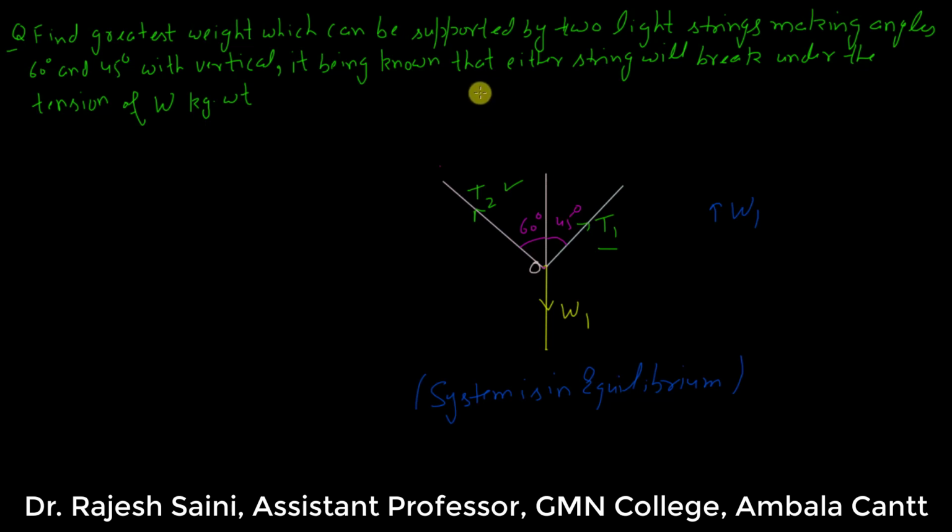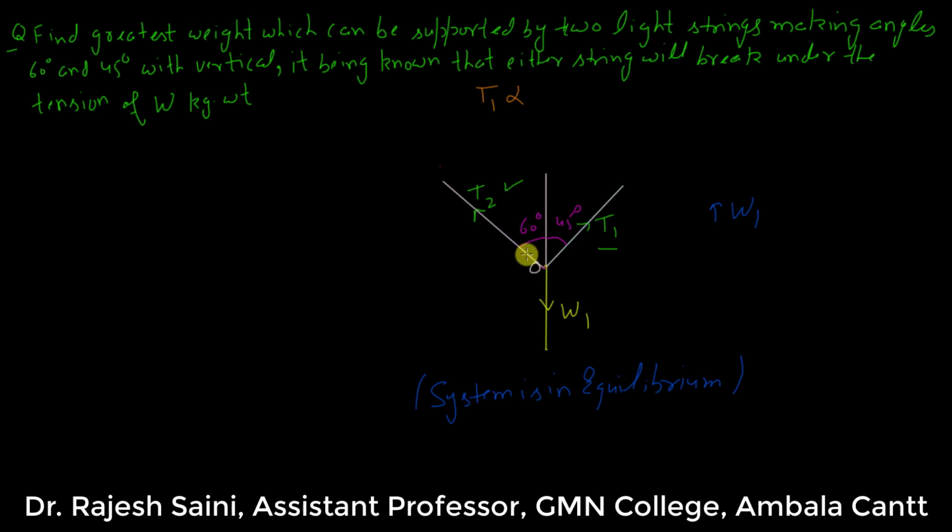Now by Lami's theorem, we know that the force T1 is directly proportional to the sine of the angle between the other two, this T2 and W1. What is the angle? Over a line the angle is 180 and 60 is gone, so this angle is 120 degree.